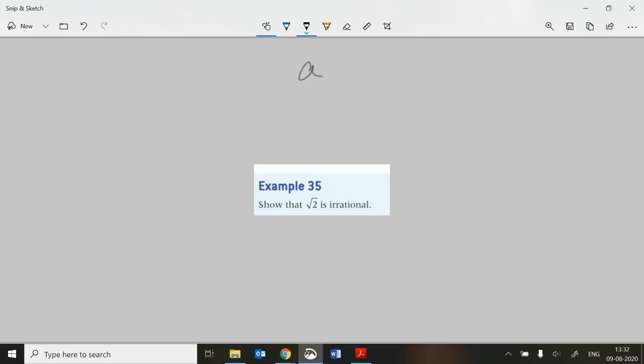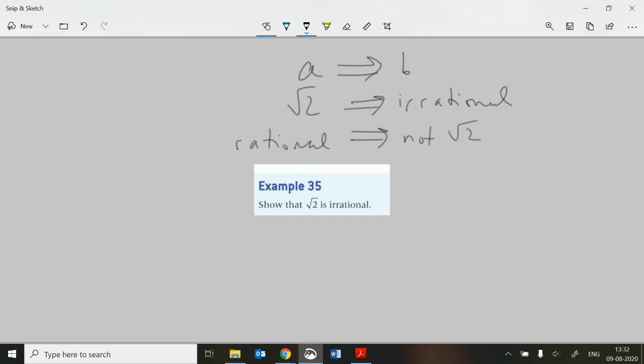So we've now gone A implies B would have been square root of 2 implies it's irrational. But what we're trying to show, what we did show, was that if we assume it's rational, then we can't get the square root of 2 because of the way we set it up, because when we set up our a over b, they ended up sharing a factor.